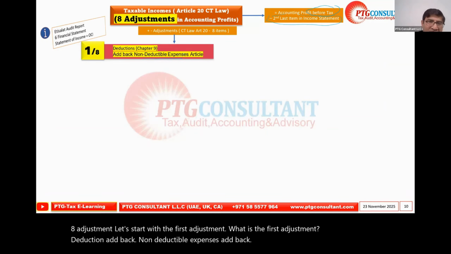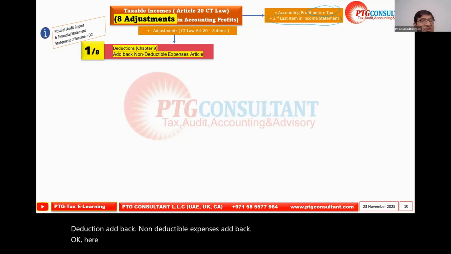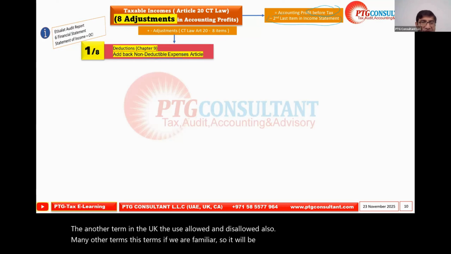Here we're going to use non-deductible, which in Arabic they call haram. If deductible, they call it halal. Another term in the UK is allowed and disallowed. There are many other terms. If we are familiar with these terms, it will be much easier moving forward. Why are we doing non-deductible?